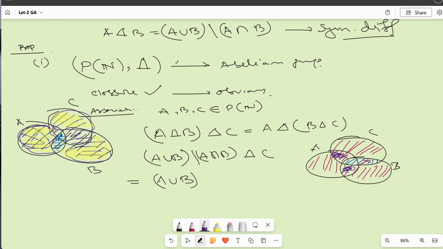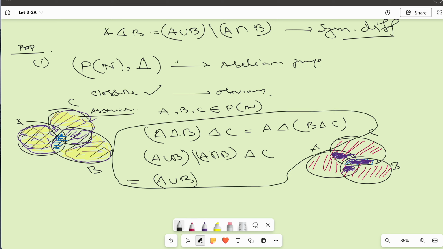See here, this part is not included, this part is also not included, and this part is also not included. This is exactly the same here. So actually you can verify that symmetric difference is associative. And theoretically you can also prove that this is associative.